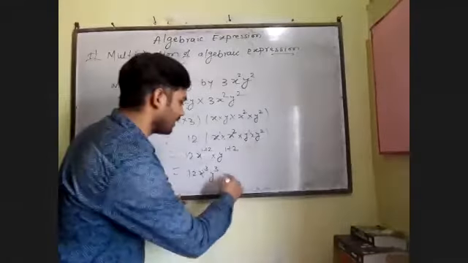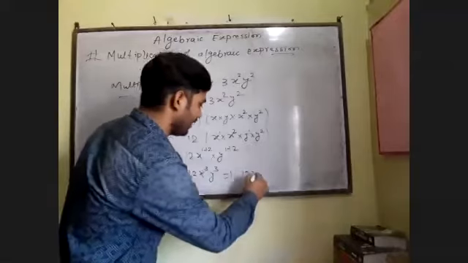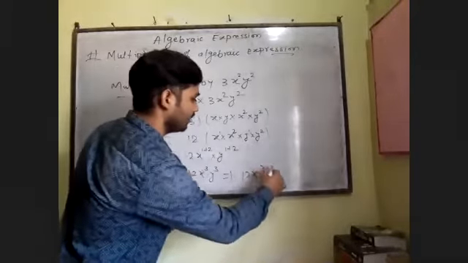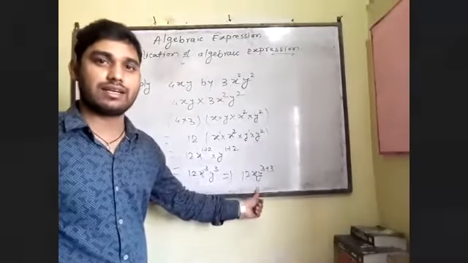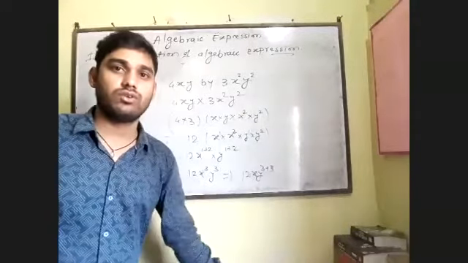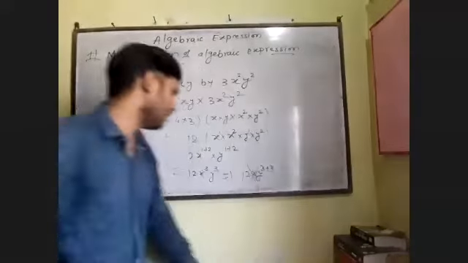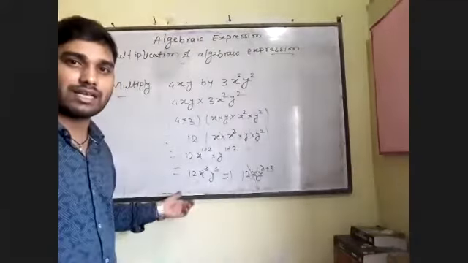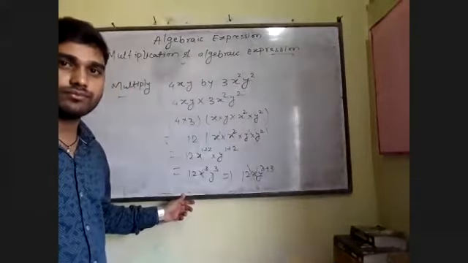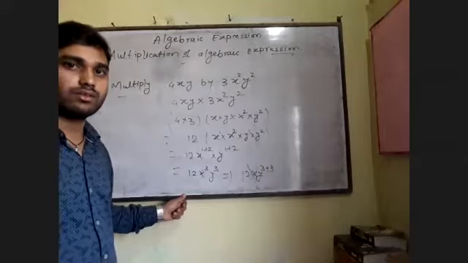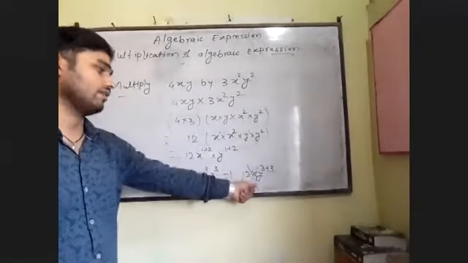Now don't make the mistake; we have to leave it here. We can't write like this, 12xy to the power 3 plus 3. We can't write like this. This is the wrong way. Because why can't we write it?